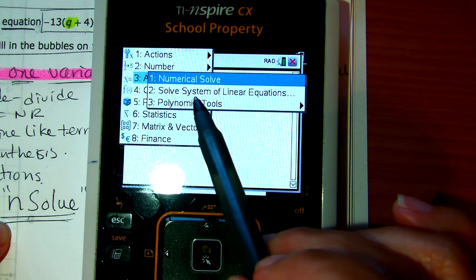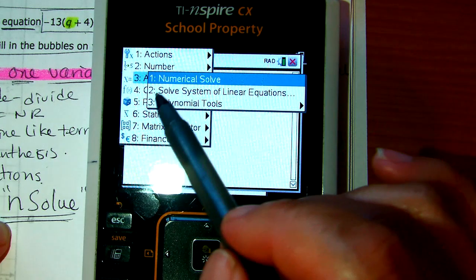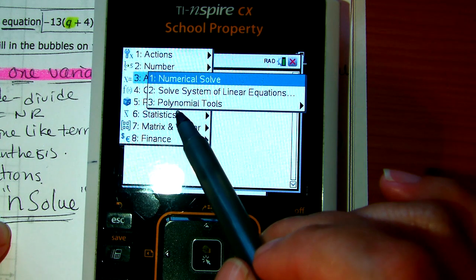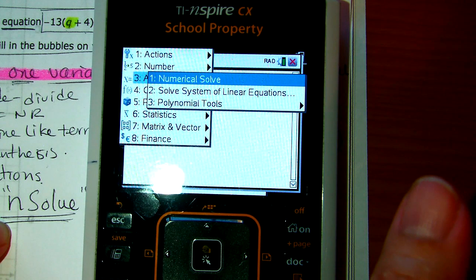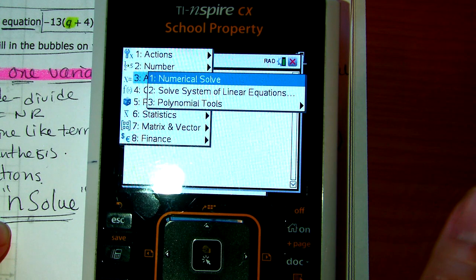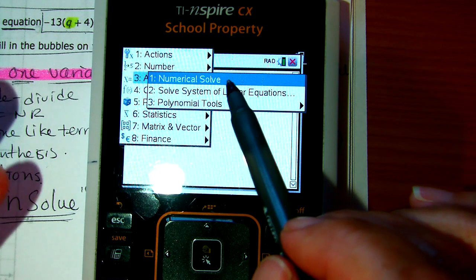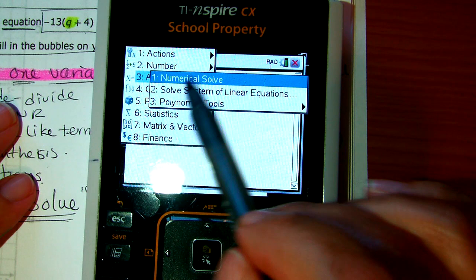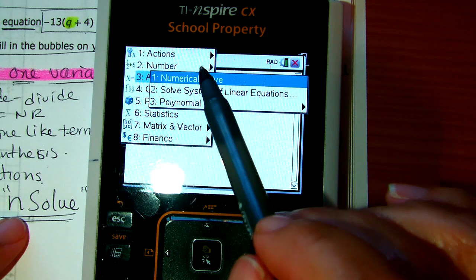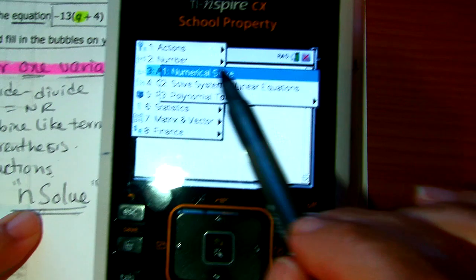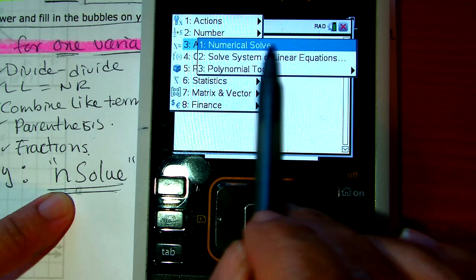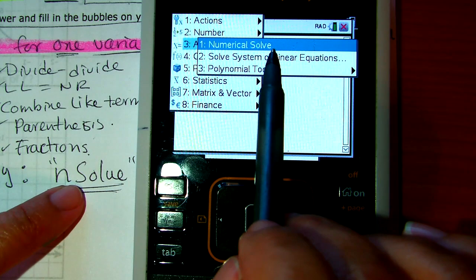We don't have a system. We only have one equation, so we don't use number 2. This is polynomial. This is only when you use more than 3 terms, okay? I mean, and you have like a really big polynomial. So only right now this one, numerical solve. That's why we call it the n-solve. The n stands for numerical, and the solve, of course, because it says solve.